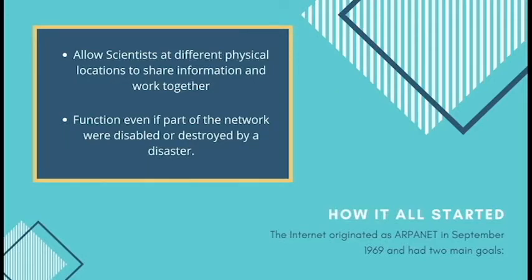Even though you are in different physical locations, you can still work together and share information through the internet. Second, it functions even if part of the network were disabled or destroyed by a disaster. Even if one part of the network malfunctions or is down, the other parts of the network can still operate. So these are the two main goals of the internet.